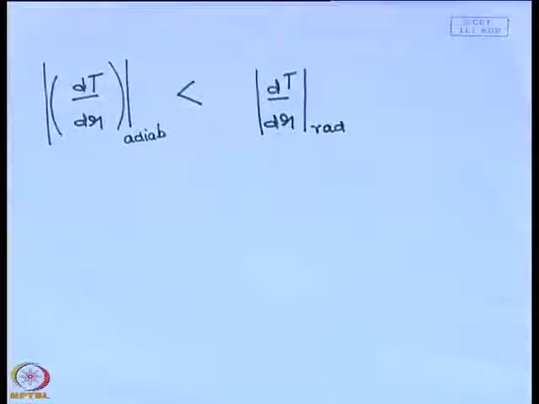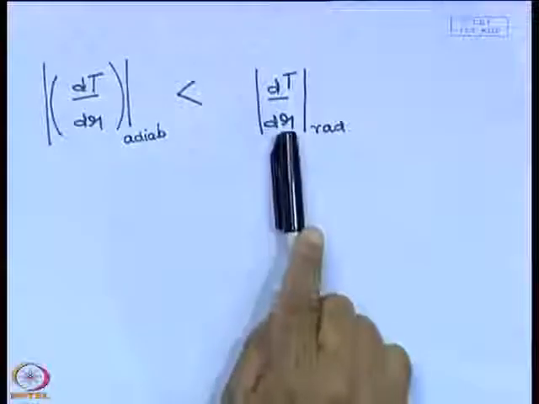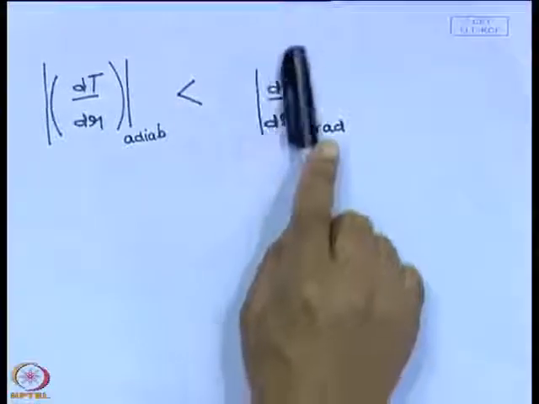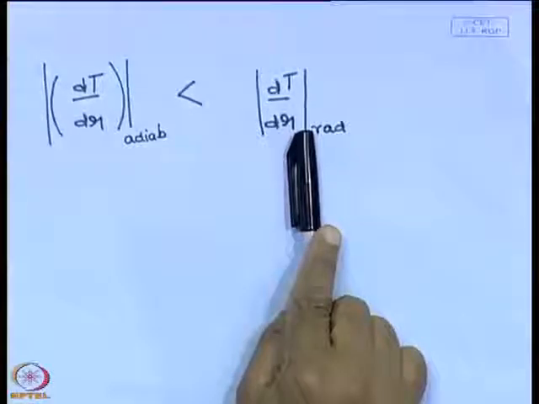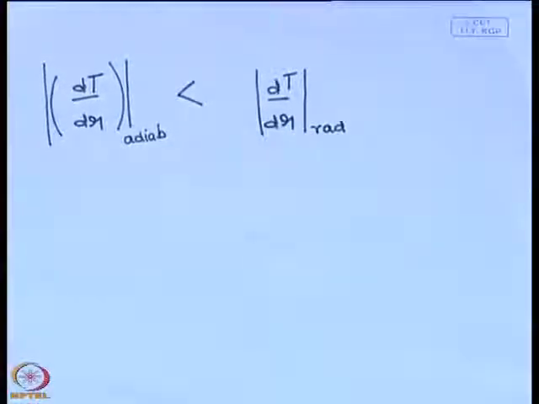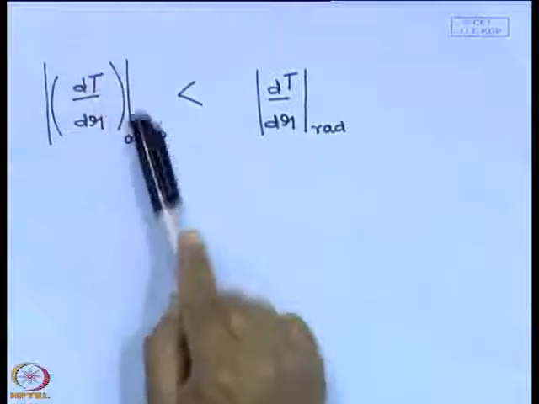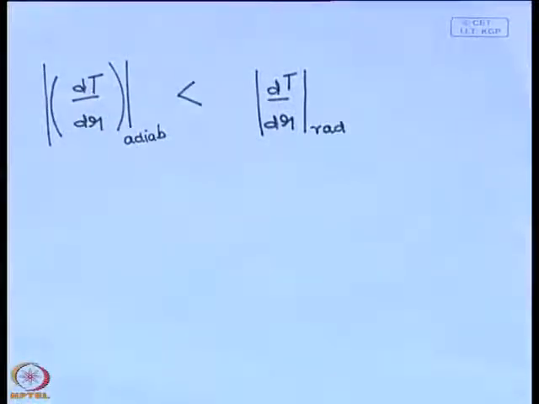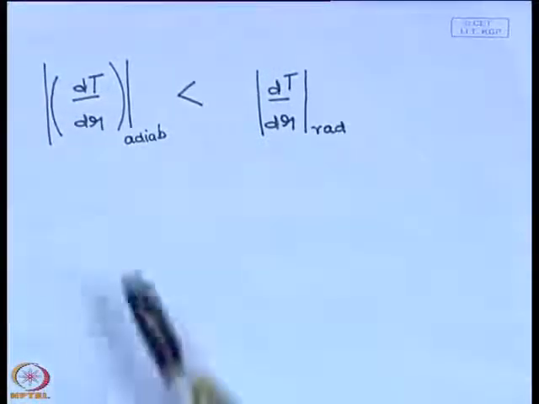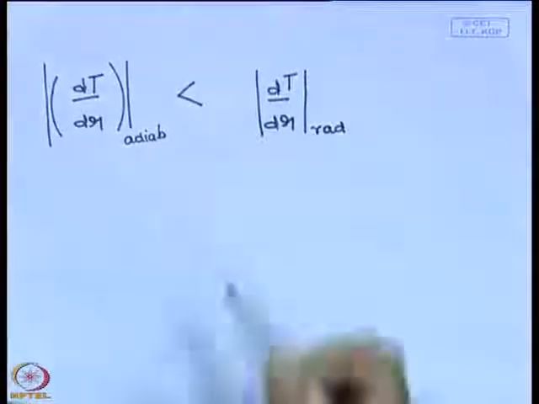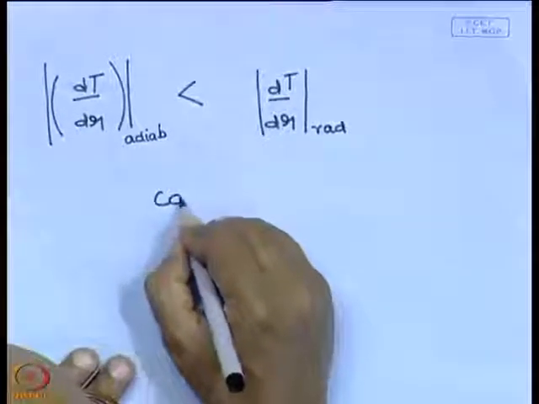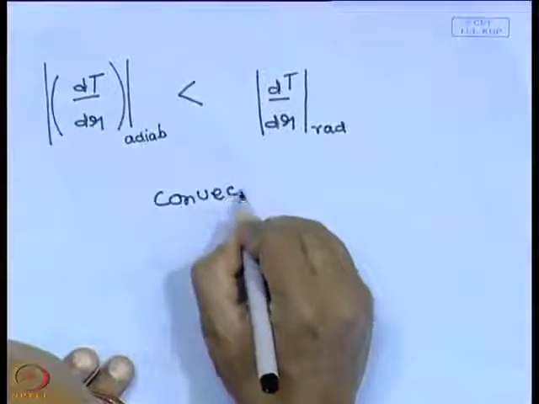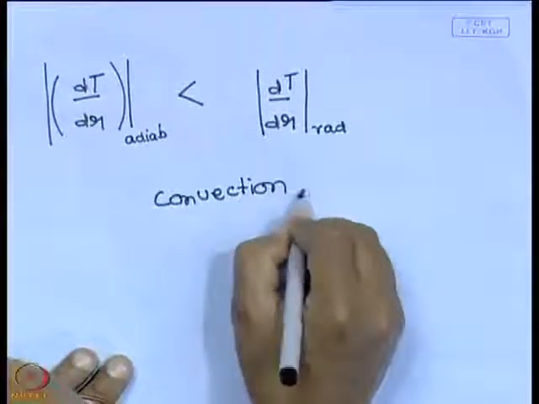The magnitude of the temperature gradient due to the radiative energy transport should exceed the magnitude of the temperature gradient due to adiabatic expansion. Okay. And if this condition is satisfied, then convection will start. Then you will have convection.